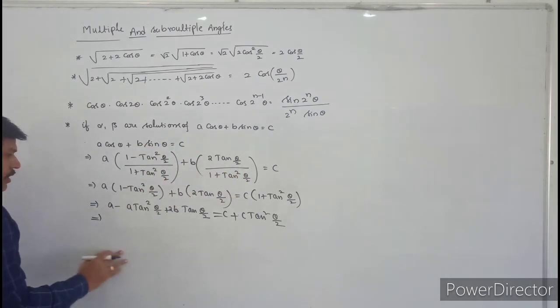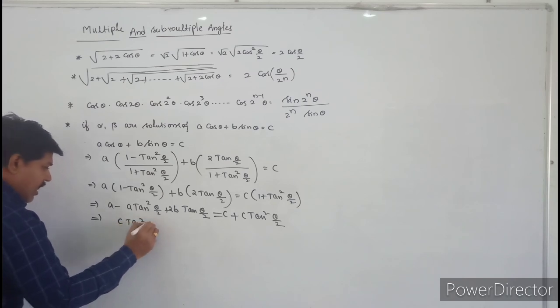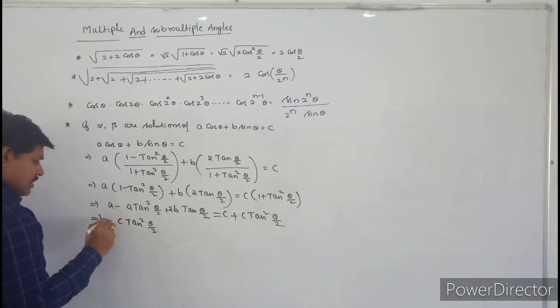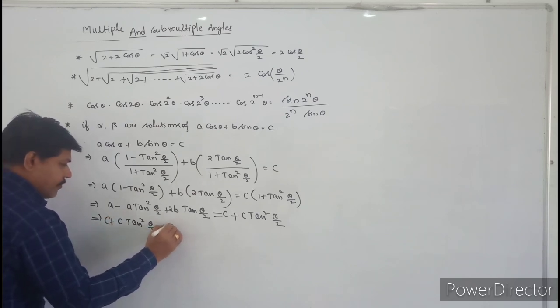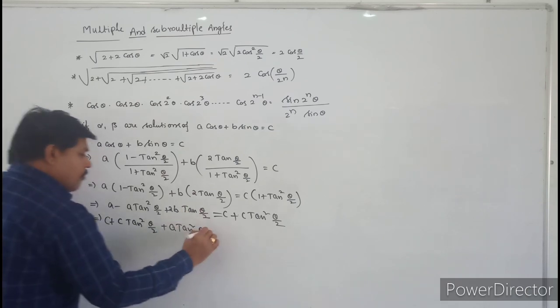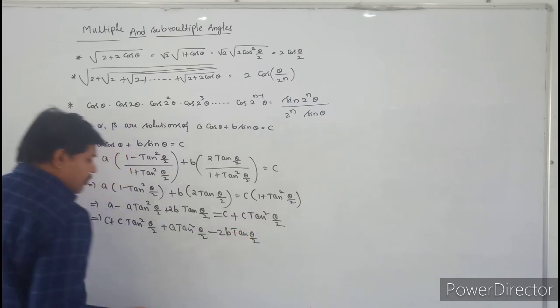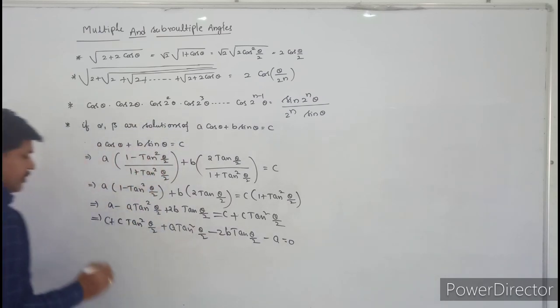What happens? That is nothing but c tan square theta by 2 plus c, plus a tan square theta by 2 minus 2b tan theta by 2. Take this a to that side, minus a is equal to 0.